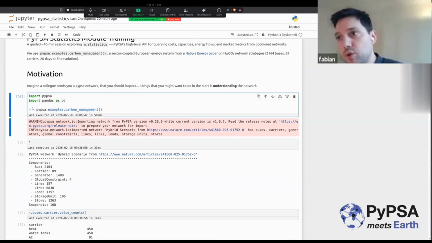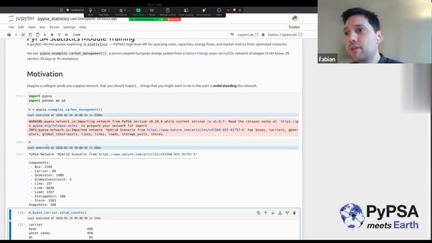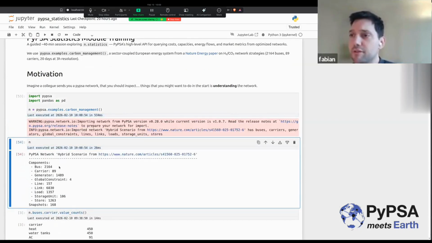We loaded this into n. And how does it look? The object itself tells you something: there are 2,164 buses in there. Oh, this is quite a large one. And there are multiple carriers, and a lot of generators, and so on and so forth. So you see, this is a whole thing, which is very complex.